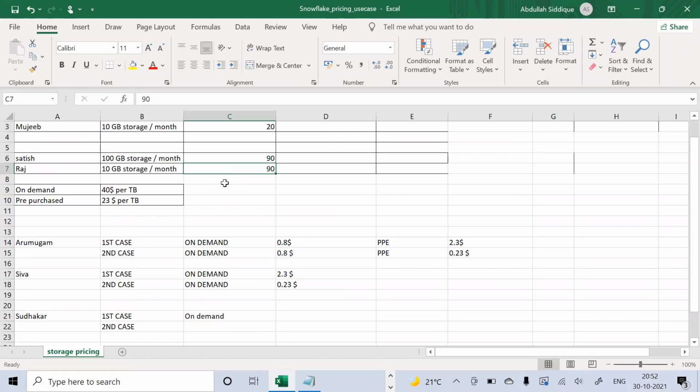No, you chose pre-purchase, right? Yeah, pre-purchase, so 23. With pre-purchase, you never take the actual consumption. You pay upfront for 10 GB. Oh, okay. Yeah. So it will be 10 GB into 23. So 10 GB is 0.01, right? Yes. Into 23. So it is 0.23.